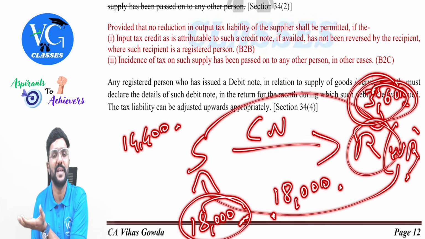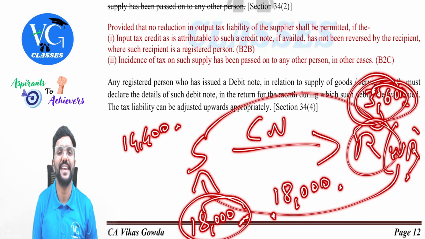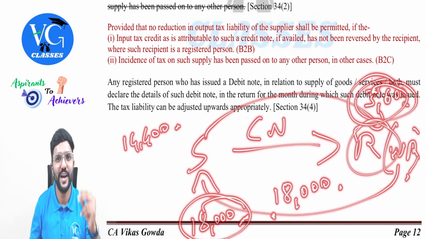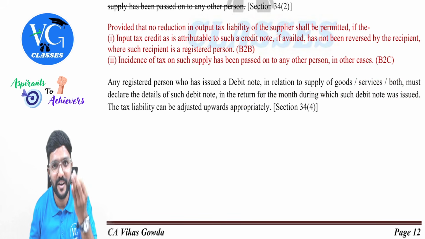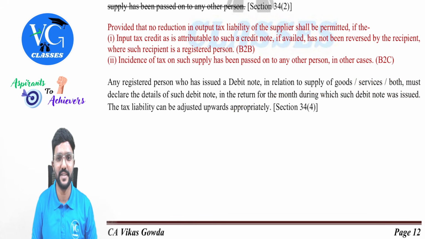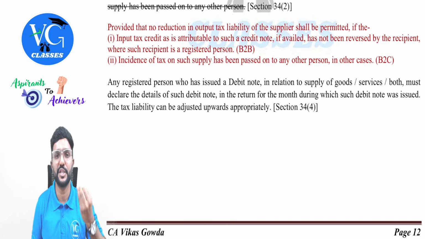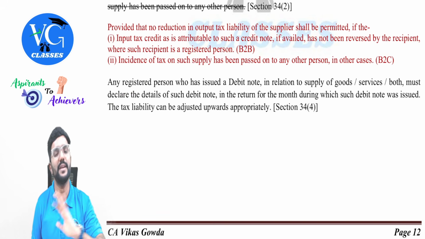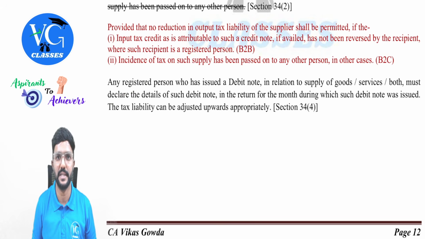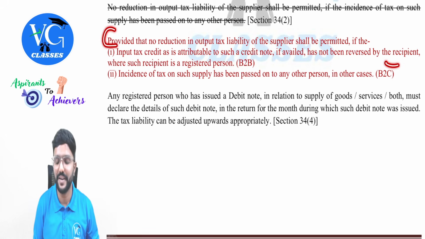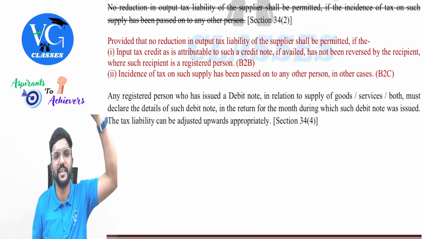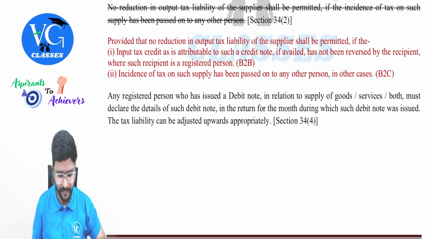In that case, what will be the output tax liability of the supplier, guys? 18,000. Got it? Yes. Got it. Come on, respond. Yes, sir. And this paragraph with respect to the declaration of the information of debit note in GSTR 1 remains the same, guys. There is no amendment in that. Is that clear? Yes. And this is connected to whatever example I had already given while explaining the value.